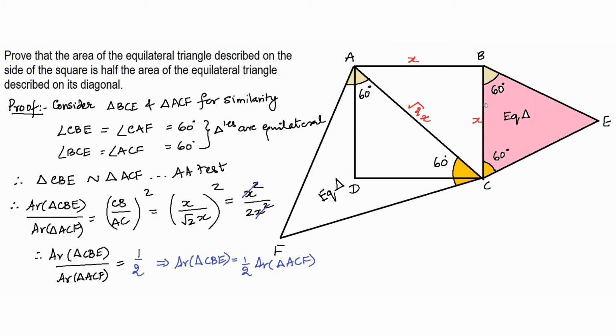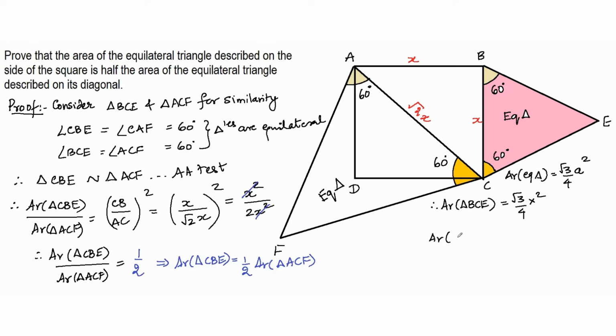basically has its side equal to x, BC is equal to x, and I know that area of an equilateral triangle is given by root 3 upon 4 times side square. Therefore area of triangle BCE is going to be square root of 3 by 4 times x square, right?